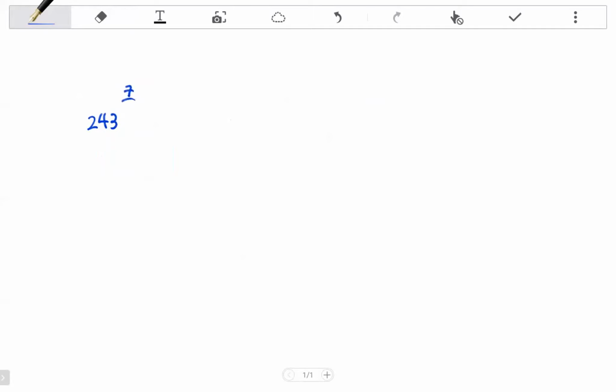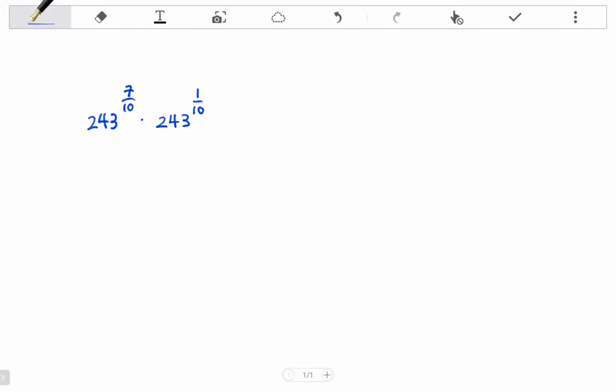So 243 to the 7/10 times 243 to the 1/10. What can we do here? As our answer, we just want a clean number. We don't want any exponents.